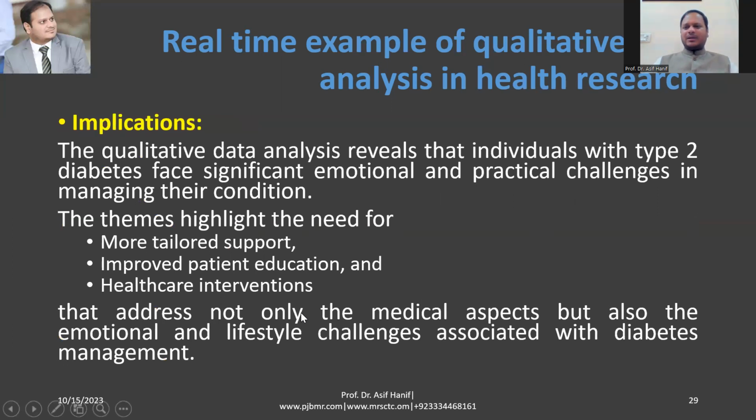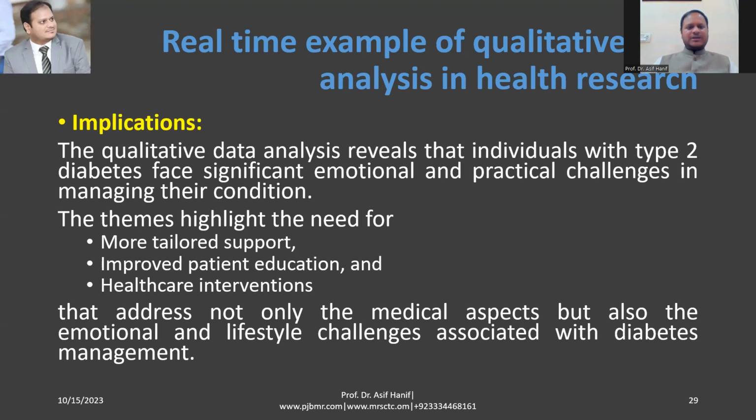Then it is being implicated. So implications are very much important. It is being implemented through the policymakers to cope with the people's problems. The qualitative data analysis reveals that individuals with type 2 diabetes face significant emotional and practical challenges in management of their condition.